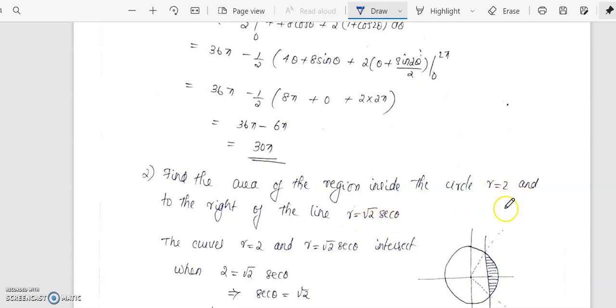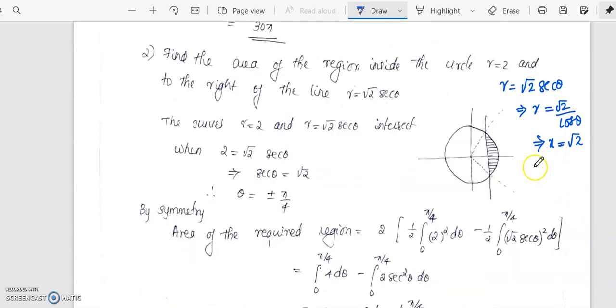Now r equal to root 2 sec theta, that will be r equal to root 2 by cos theta. So we'll get r cos theta here. That is x equal to root 2, which is the line r equal to root 2 sec theta. Okay. So this will be the line r equal to root 2 sec theta, and we have the circle.